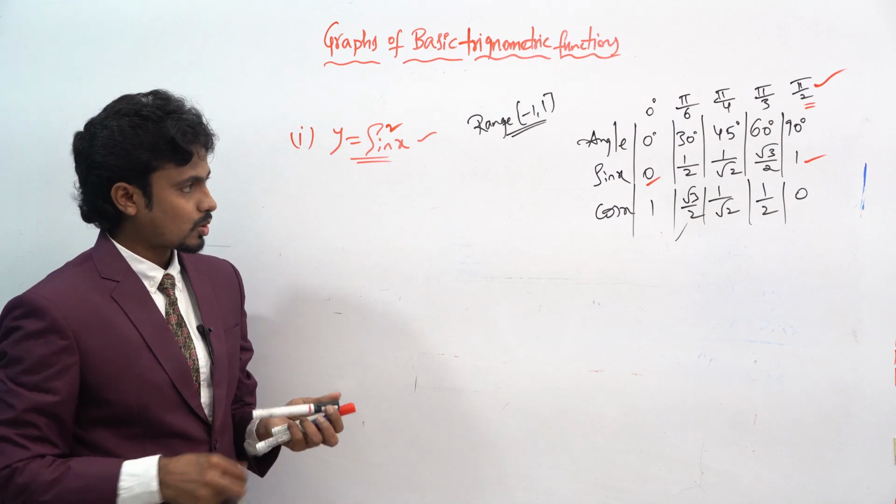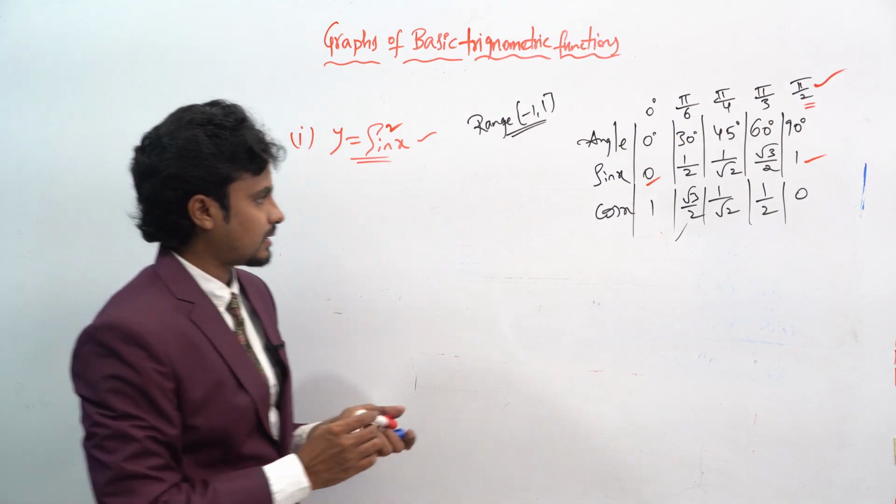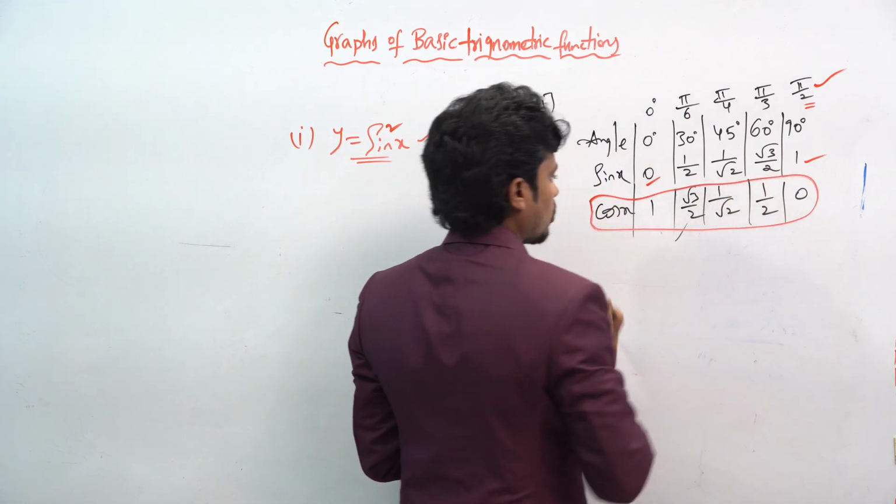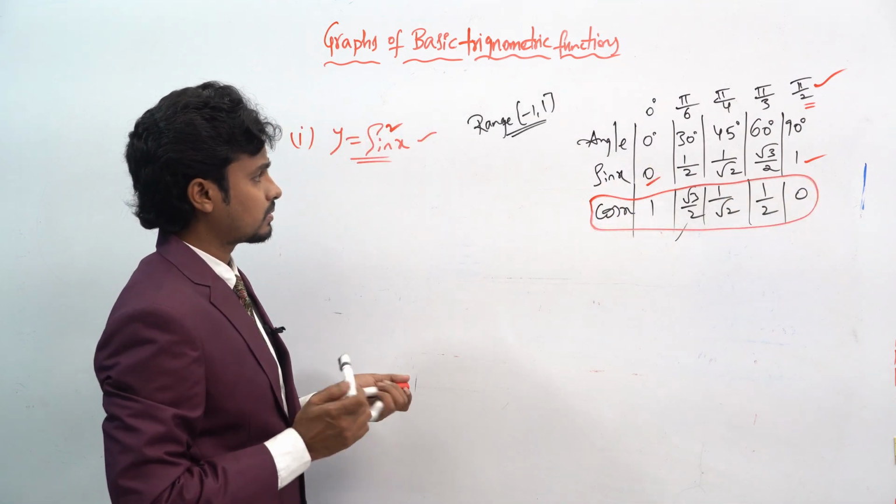Okay, for this cos x we have to draw the graph. This was for the cos x. How can you draw?